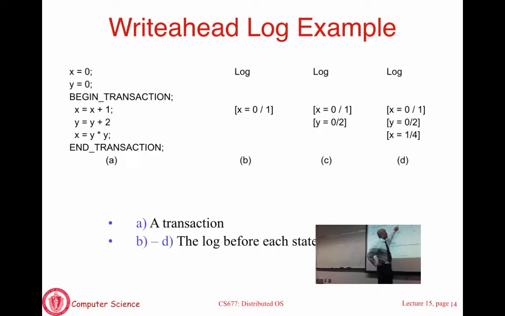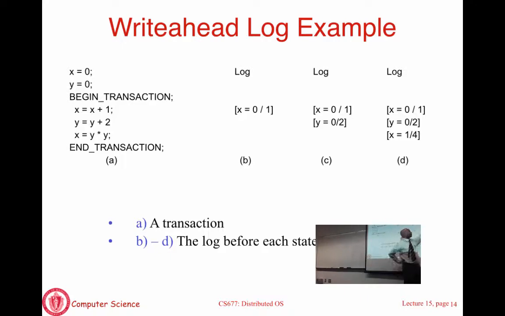The log says I'm modifying X, value before modification is 0, after modification is 1. The next statement executes, I'm modifying Y, value of Y is 0 before, after is 2. Then the third one executes, modifying X, value before is 1 and after is 4. Now if the transaction fails, you simply go back and look at the log in reverse order and replay the log.